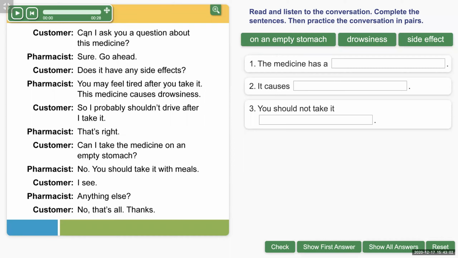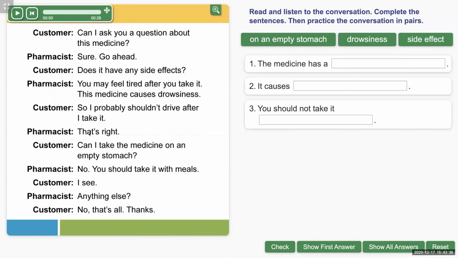Customer, can I ask you a question about this medicine? Pharmacist, sure, go ahead. Customer, does it have any side effects? Pharmacist, you may feel tired after you take it. This medicine causes drowsiness. Customer, so I probably shouldn't drive after I take it.